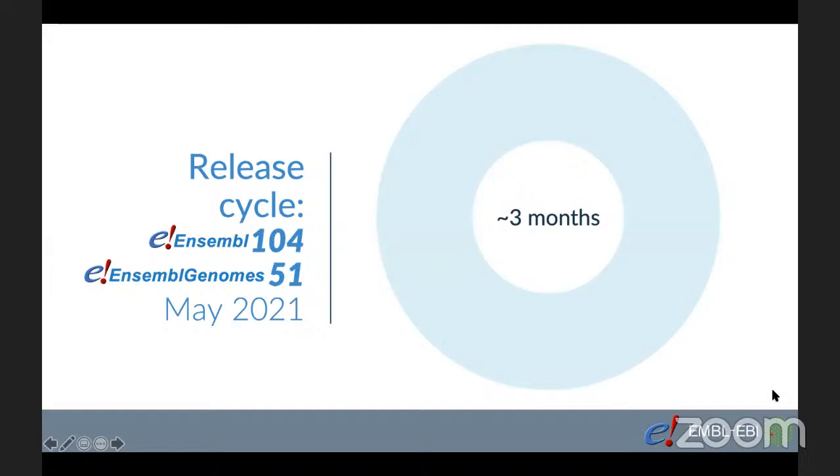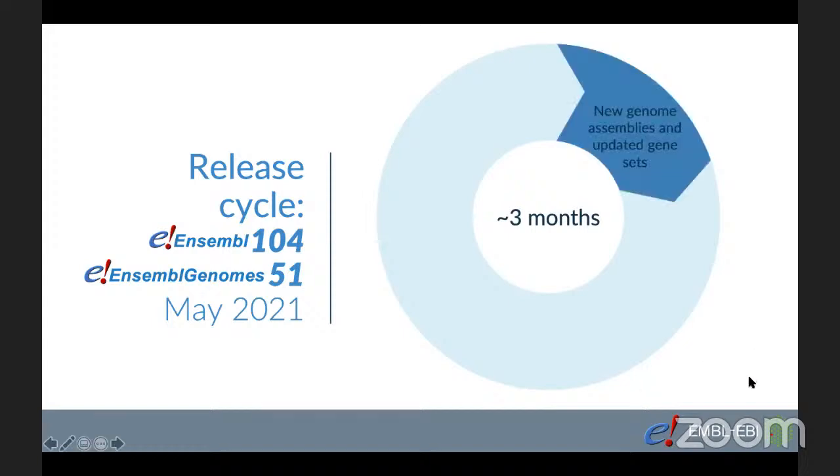So this evolution of genomic data, biological data, is also reflected in our release cycle. Ensembl's data is not static, as genomic data changes rather quickly. So every 3 months, we put up a new Ensembl version. And during that time, there's a lot of behind the scenes work. We import new genome assemblies and update our gene set.